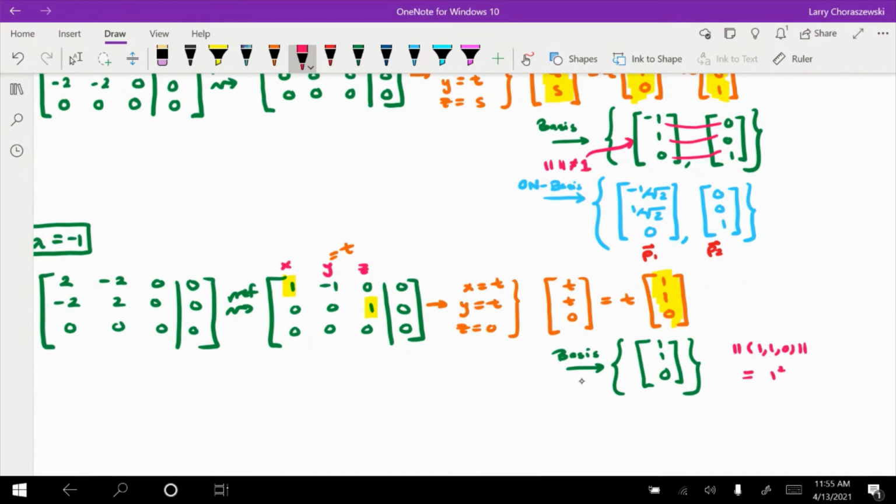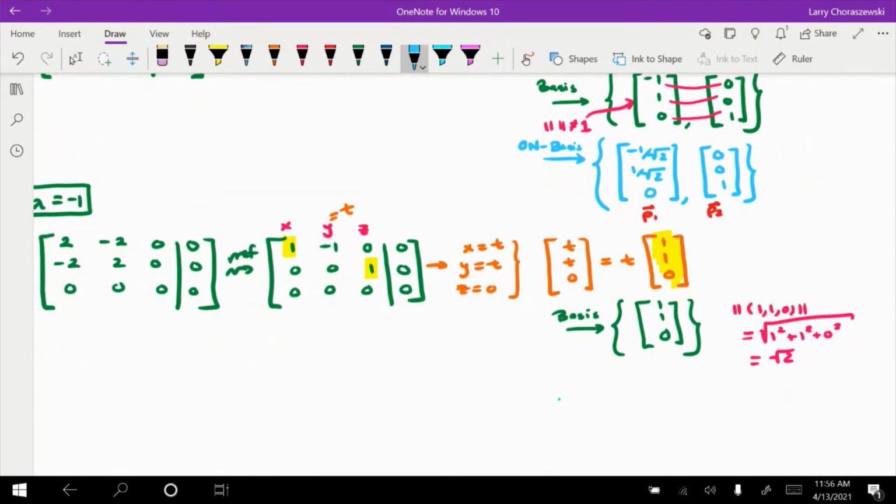That would be 1 squared plus 1 squared plus 0 squared, square root of all that, which is the square root of 2. So the norm of this basis vector is not 1. So we are going to have to take an additional step where we form an orthonormal basis by dividing each one of the entries by radical 2.